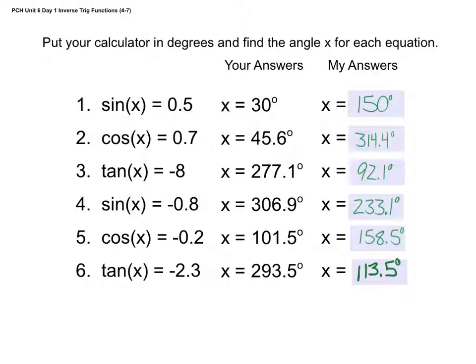Why would I use a reference angle and get something in a different quadrant? Because they all have the same value, just different angles. Okay, they have the same value but different signs and they're different angles, right?